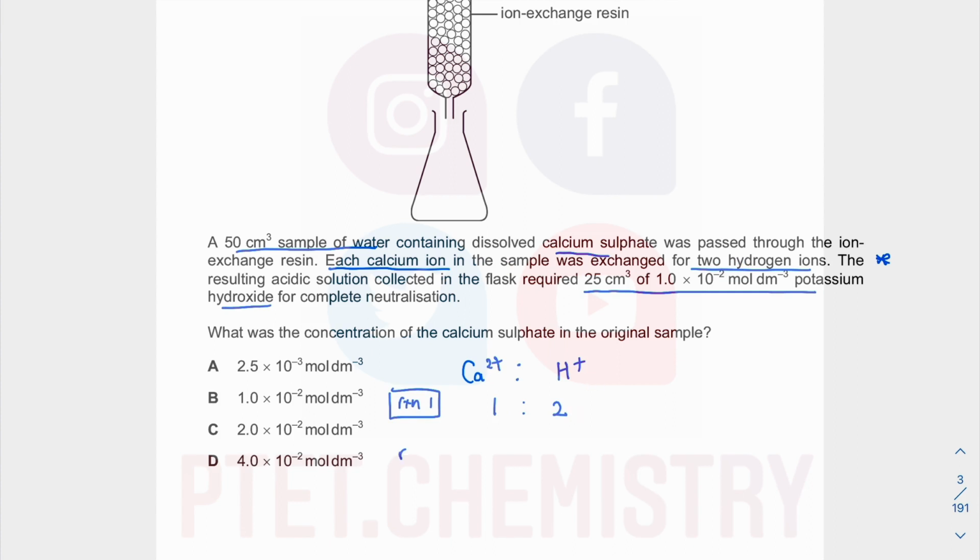Your second reaction is between the acid and the base. So if you have the acid and the base, you have H plus OH minus. I guess I can use KOH if you want to. I don't really care about the anion at this point, but that will give me H2O plus K plus. That equation is balanced.